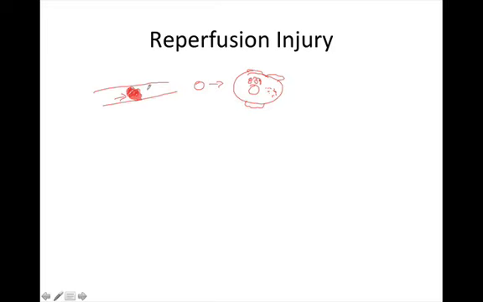But basically, what's going to happen here is when blood flow is occluded to an organ, you understand the type of cellular manifestations that are going to occur. Now, what can happen is that some of these cells are probably going to die in this situation.